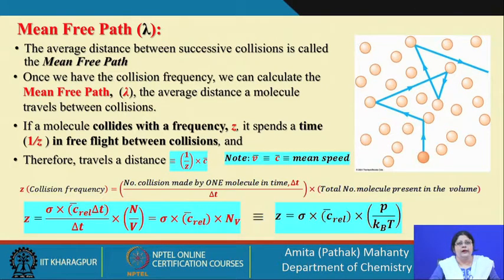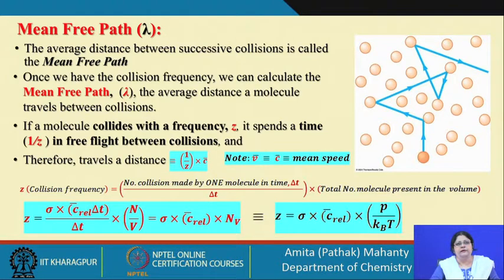If a molecule collides with a frequency z, that is the rate at which they are colliding, the collision frequency z, then the time it spends in free flight between collisions can be given as 1 by z.